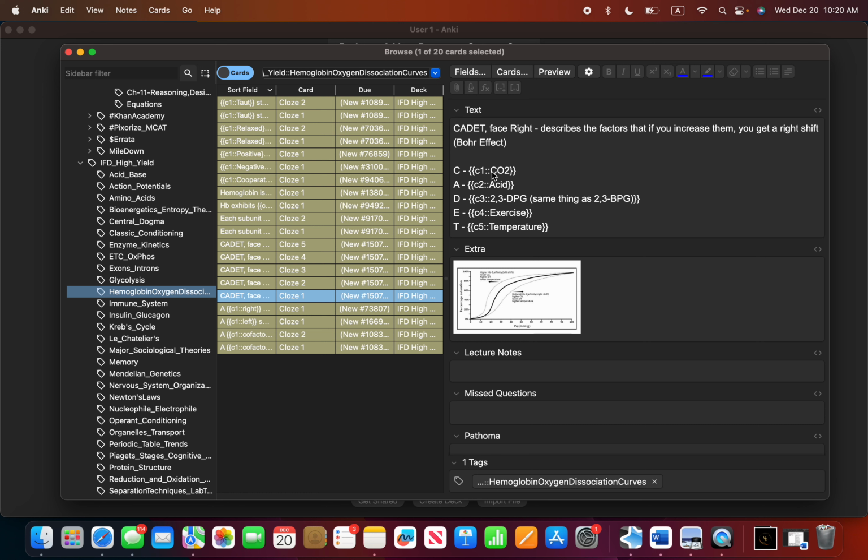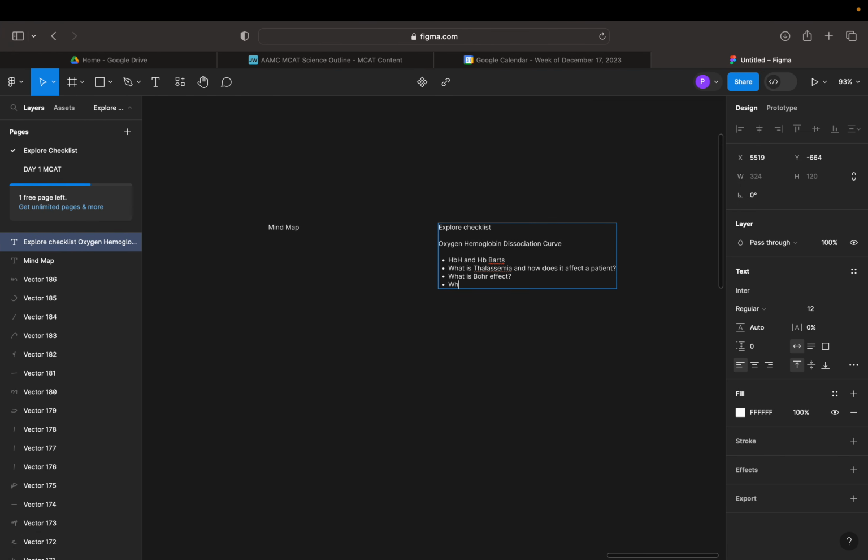If you increase CO2, your dissociation curve shifts to the right. If you increase your acids, you go to the right. If you increase your 2,3-DPG or BPG, what is 2,3-DPG?